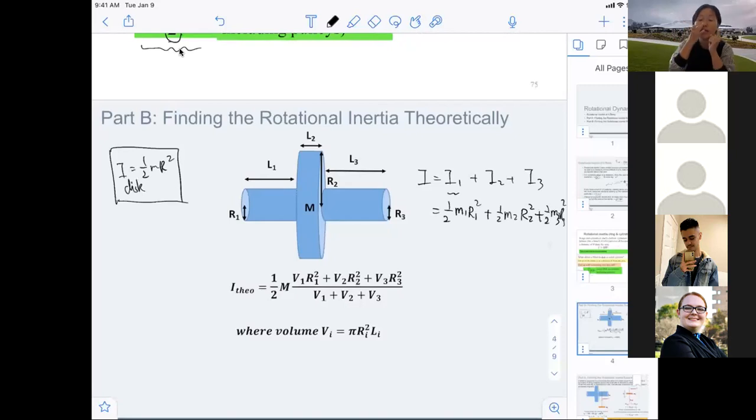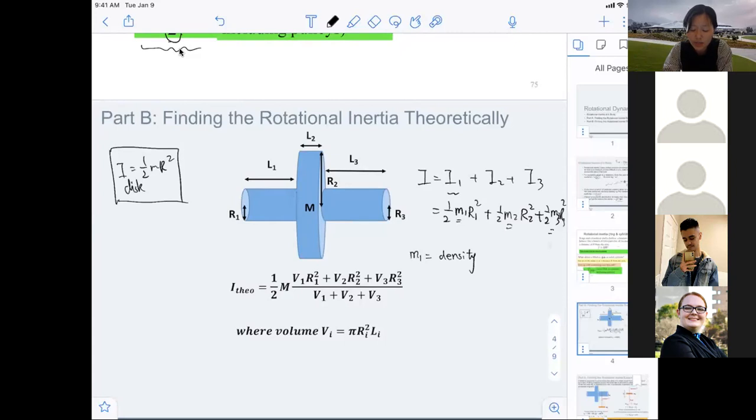In our lab, we cannot take it apart and chop it apart and measure each of the masses separately. All we know is the total mass. So we need to do a little bit of substitution for the individual masses, because we don't really know what they are, right? So what is mass 1? Mass 1 would be the density of this entire wheel. They're all made of the same kind of material. They all have the same density.